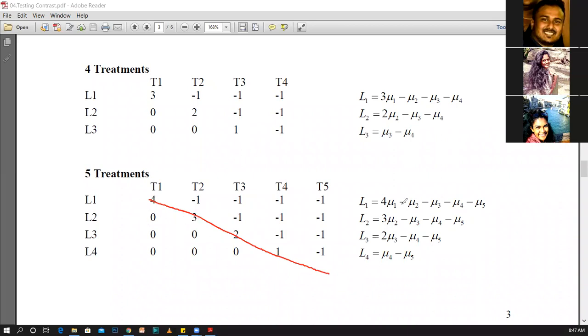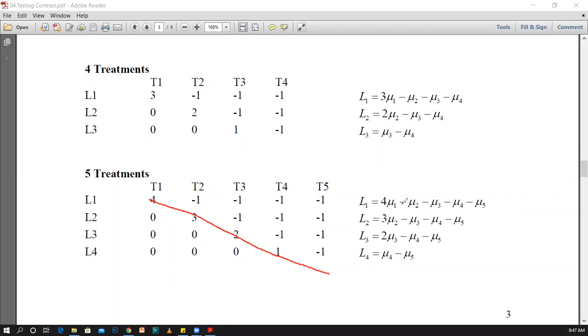Then you make the remaining elements minus 1 just to balance the row total as 0. This is how you get the 4 orthogonal contrasts. They are independent because any pair of these contrasts acts as orthogonal contrasts.